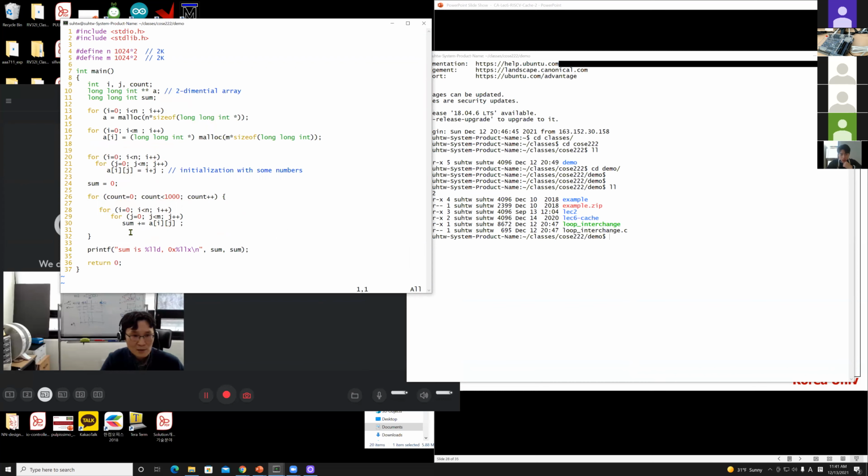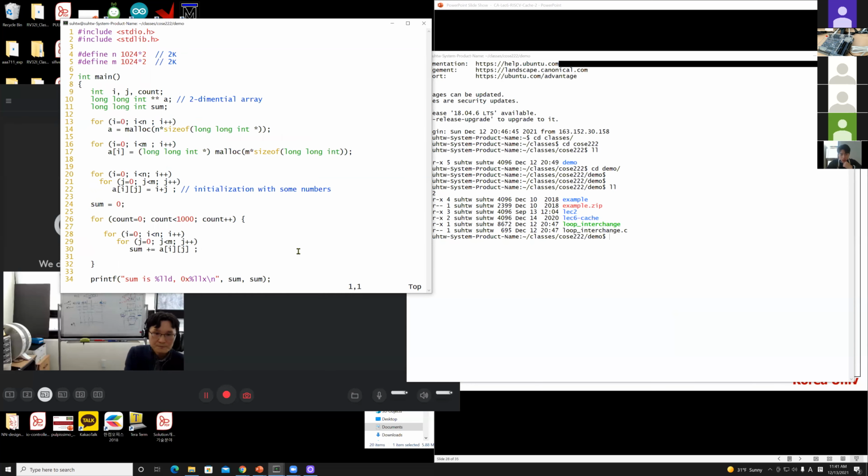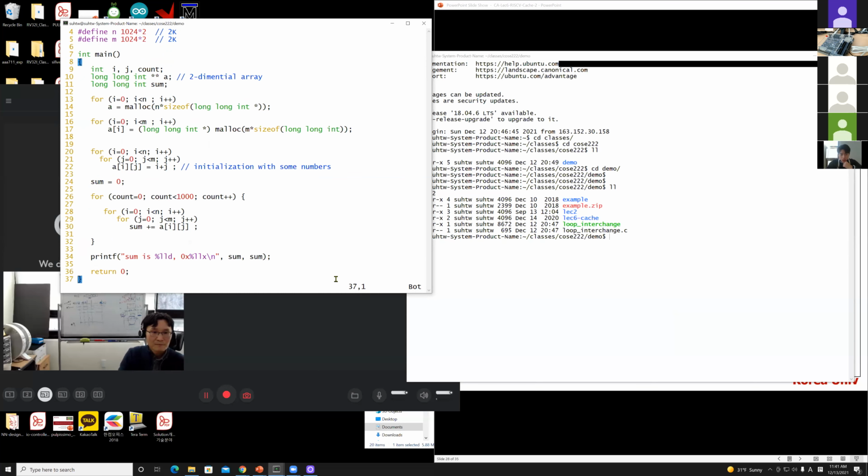In this code, you are fixing I, which means the row is fixed, and your inner loop is incrementing columns, J from 0 to M. It is cache-friendly code.